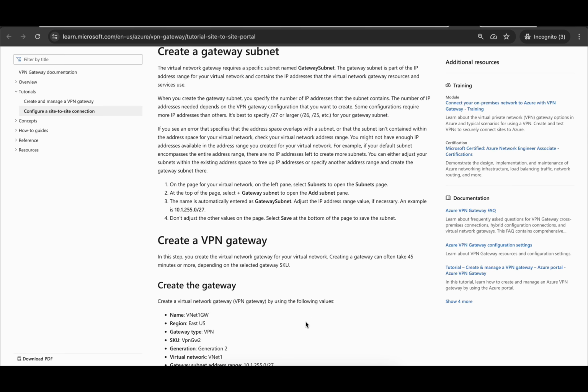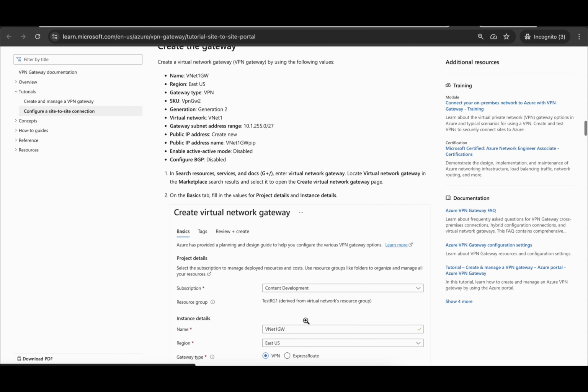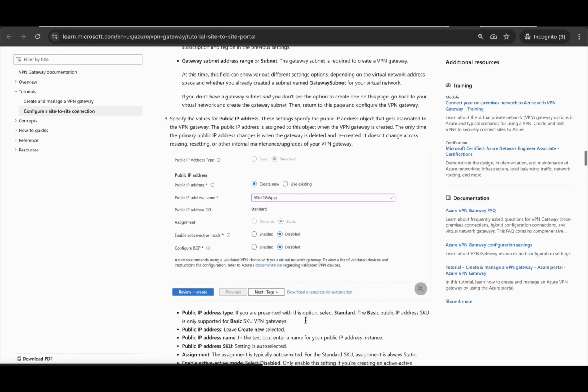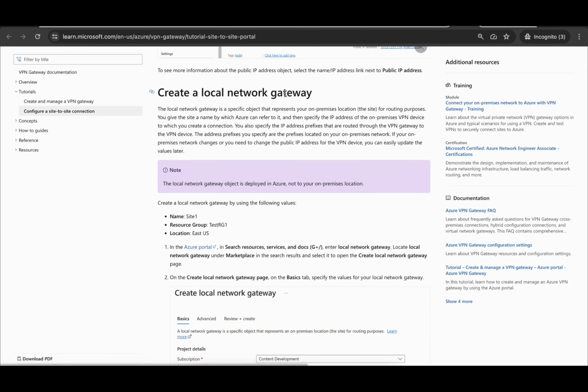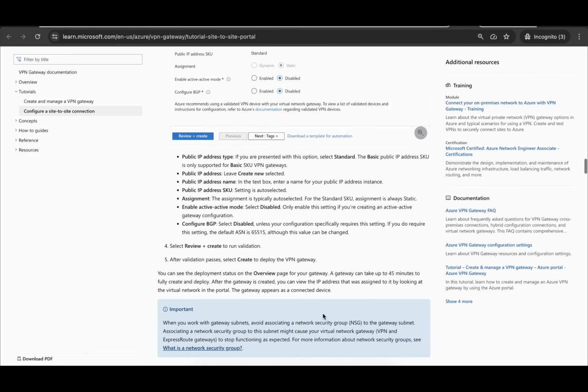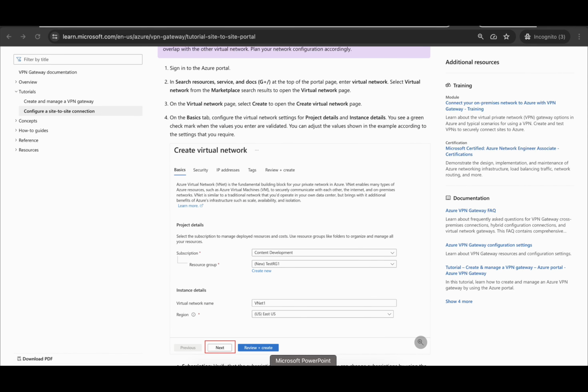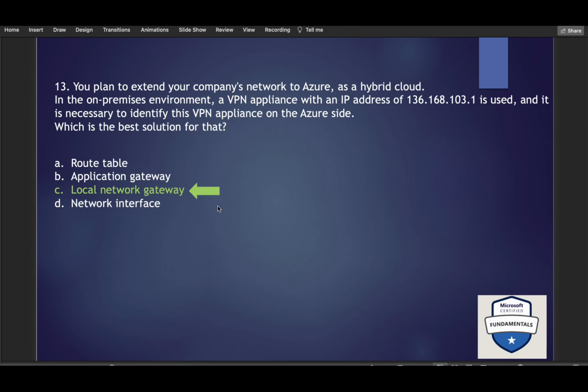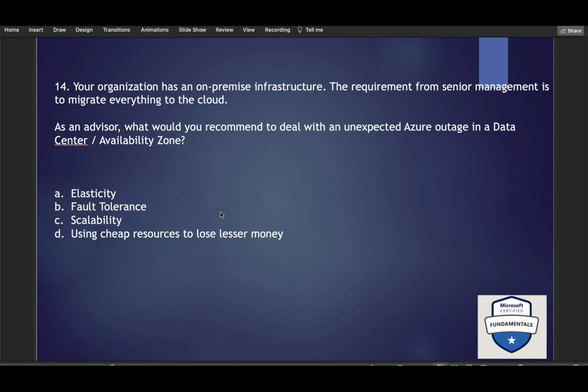Create a gateway subnet, create a VPN gateway, and then the main thing, create a local network gateway, which we talked about, like how to create it and what IP address you have to input. So all these things you can study. So yes, the correct answer is local network gateway.